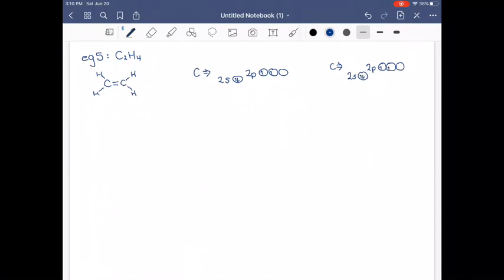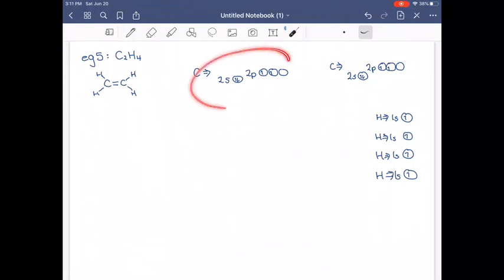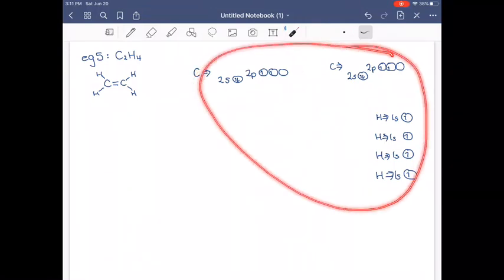And then we have 4 hydrogens. I'm just going to brush them up on the side right here, because we know how they're going to bond. We know how their s orbital is going to overlap with something. But what's interesting here is the carbon. We're going to have to somehow put them all together.